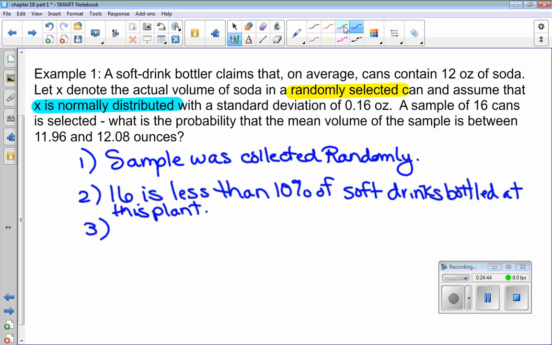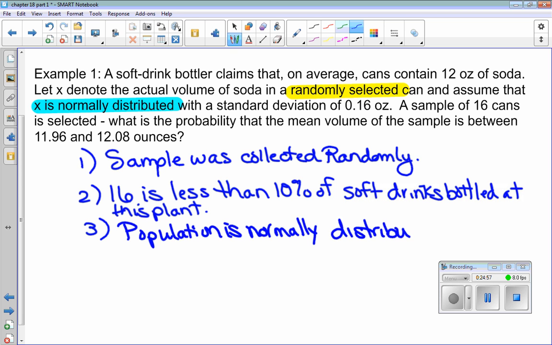So we can say that the population is normally distributed. So what can I do? I can use my CLT formulas. So how do I know that I'm talking about an average or a mean of means that already exist? Read the problem.